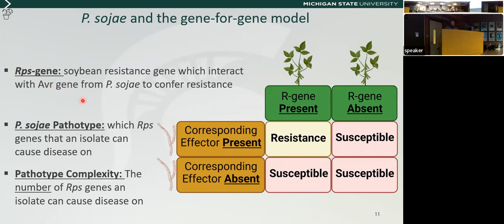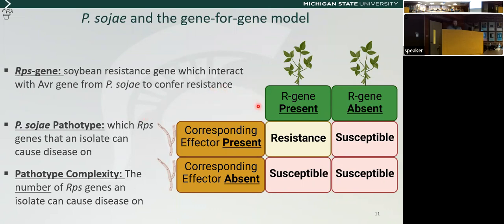Some terminology going forward, I'm going to talk about pathotypes and pathotype complexity. A Phytophthora sojae pathotype is just a list of genes that an isolate or a group of isolates can cause disease on. In terms of complexity, this is going to be the number of RPS genes that an isolate or a group of isolates can overcome. And like I said, these will be important going forward.